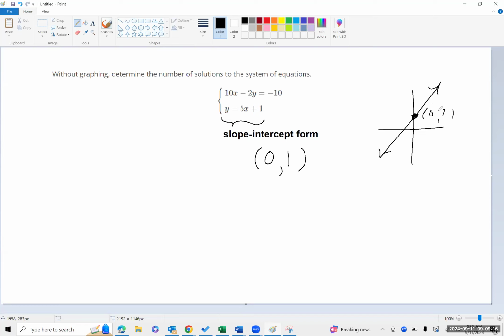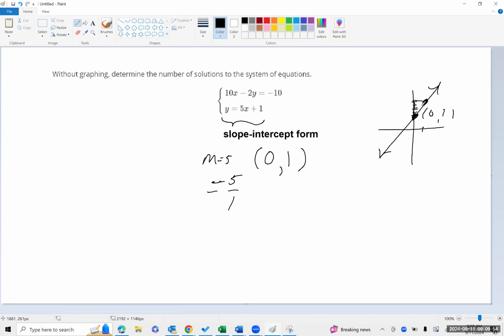And then the other thing you can gather from just looking at the equation is that the slope is 5. So you know that if you go up 5, 1, 2, 3, 4, 5, and over 1, because this is rise over run. So 5, 1.